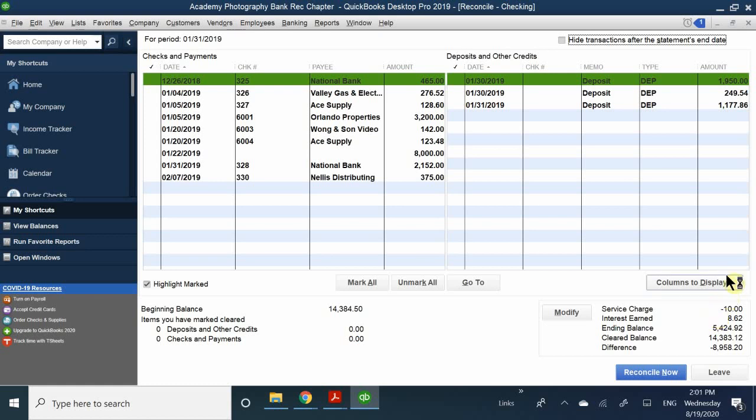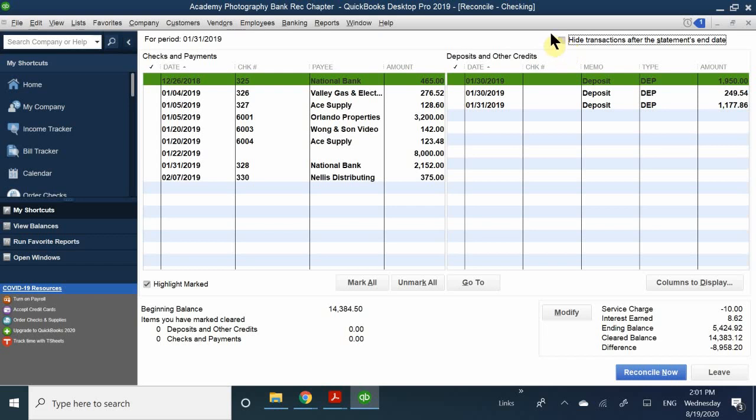Now, to make it a little easier to look at, you can also hide a few transactions that didn't occur as of January 31st, right? You can toggle that by pressing this button right here. It says hide transactions after the statement's end date.